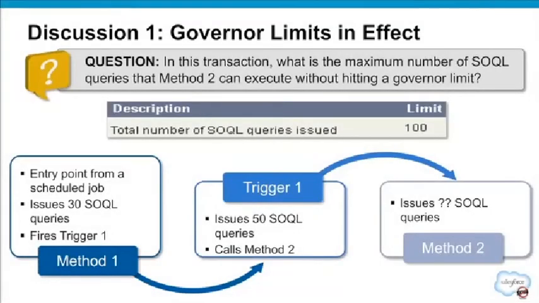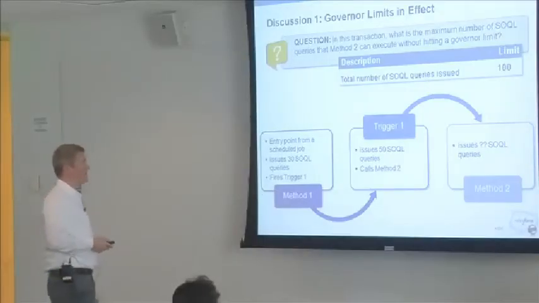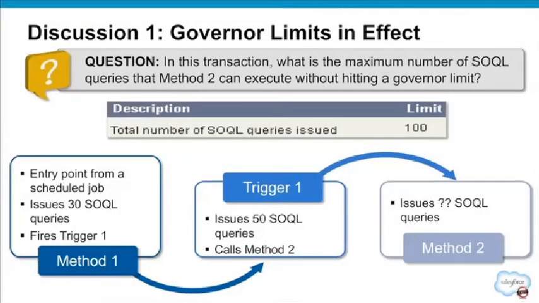All right, so keeping in mind that our governors are applied on a per transaction basis, let's walk through a sample, and then I'd like to quiz you on what you think the answer is. So this is going to involve some math, all right? First of all, the total number of SOQL queries that can be issued in a single transaction is 100, okay? So let's say we have a method which is our entry point.